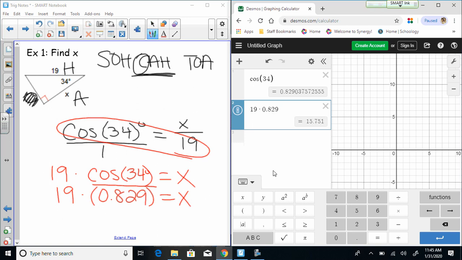And for this one, we get 15, and we can round to the nearest tenth. 15.8 is equal to x. So that means the length of this adjacent side is 15.8 units long.